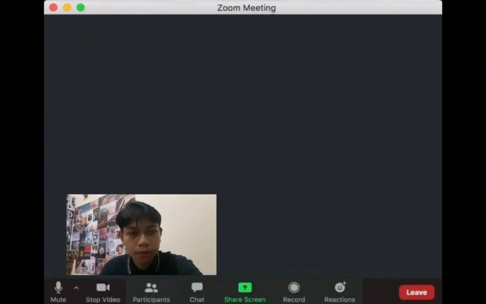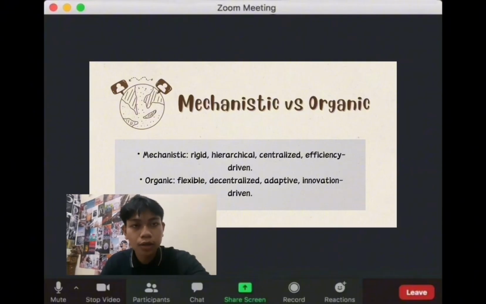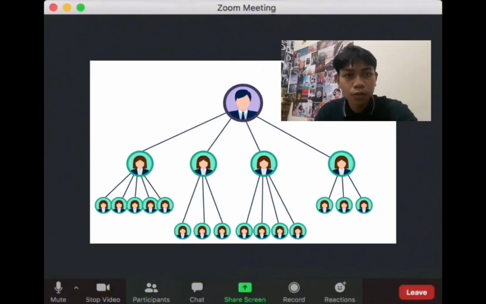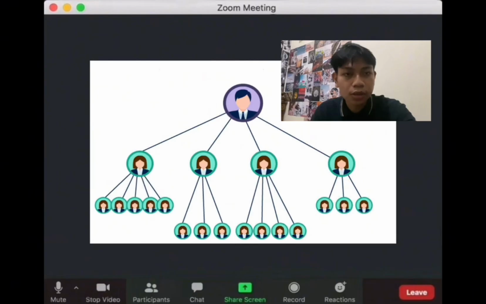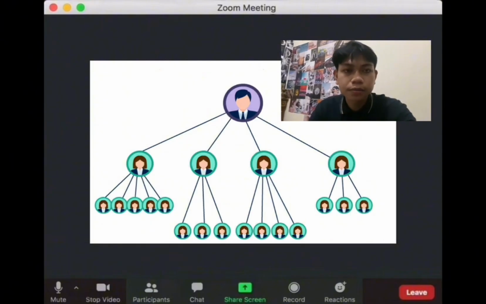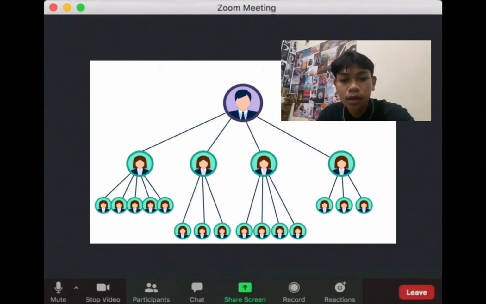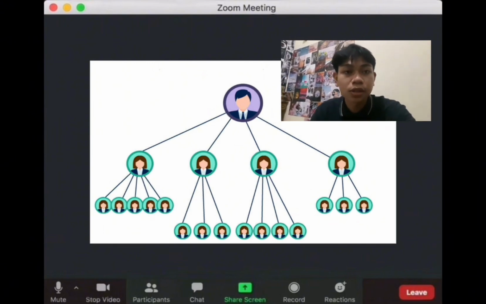Okay, let's jump into mechanistic and organic. Mechanistic means rigid, role-based, and textbook roles. For example, military and governments, something that is role-based and rigid.